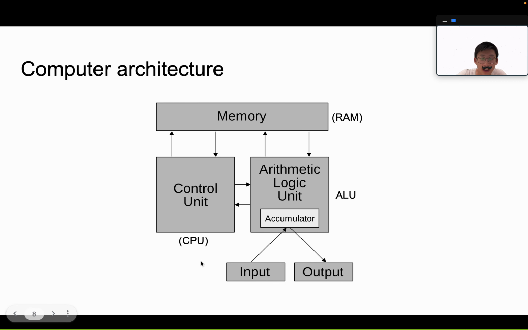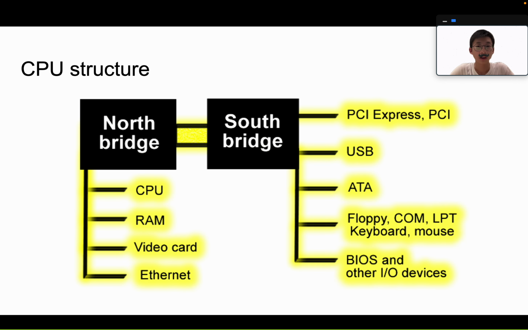For example, I input two numbers, one and one, and it puts them in the memory, does addition through the ALU, and outputs two. You take the two out of the memory and output it. So that's the most basic stuff.